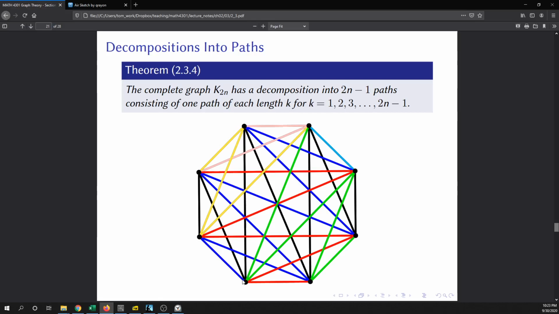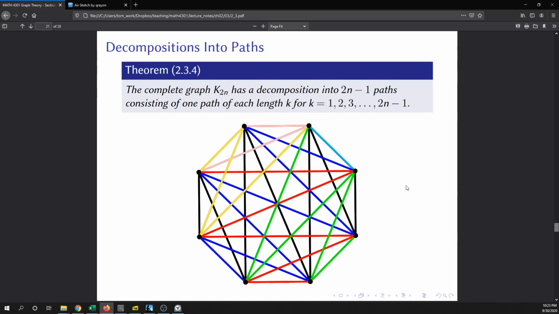If we start here, 1, 2, 3, 4, 5. And the blue one is one of length 6: 1, 2, 3, 4, 5, 6. And the black one is one of length 7: 1, 2, 3, 4, 5, 6, 7. Okay? So that's what this theorem is saying.